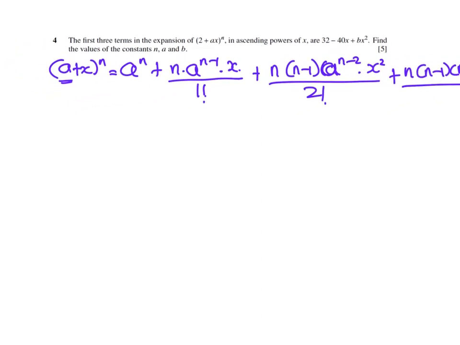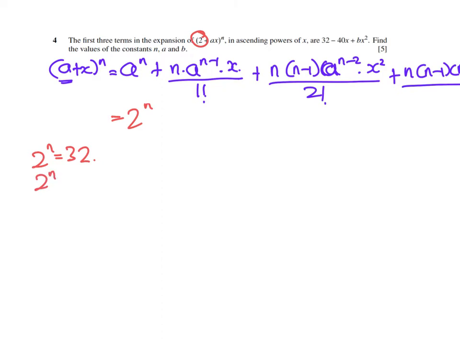Going with the formula, the first term will be 32. In this question the first term is 32, and a here is 2. Therefore 2 to the power of n is 32.